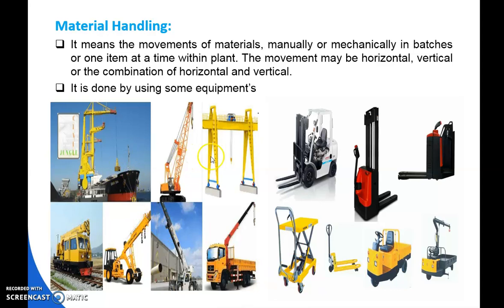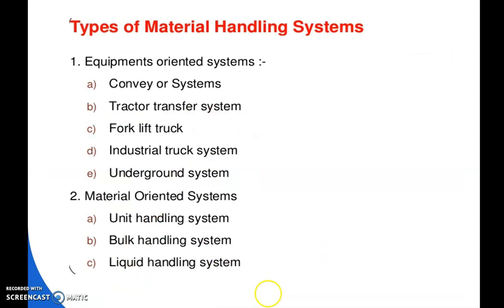As shown in the figure, these equipments are used for moving raw material from one machine department to another, as well as for moving semi-finished products, final products and raw material in the industry. There are different types of material handling systems like conveyors, forklift trucks, industrial trucks, underground systems, bulk handling systems, and liquid handling systems.